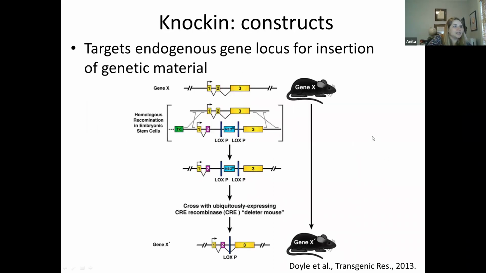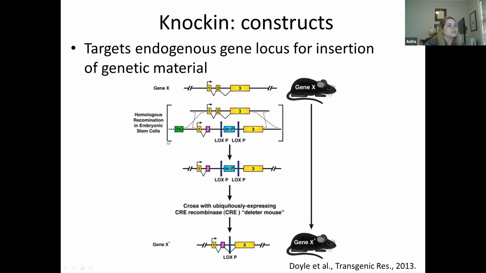So then, in terms of knock-ins, here again you're going to use homologous recombination techniques to target an endogenous gene locus to insert material. In this case, they're talking about LoxP sites, which are part of their construct.